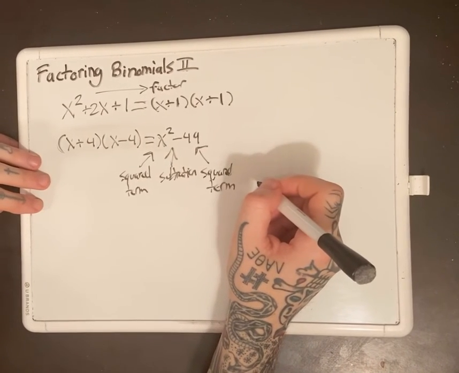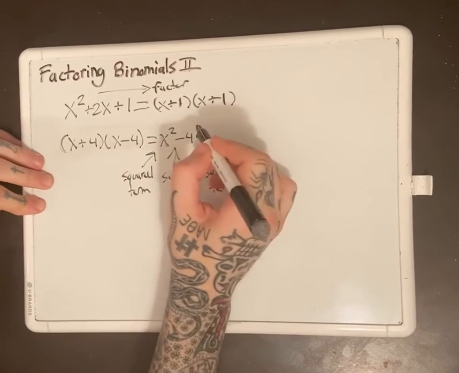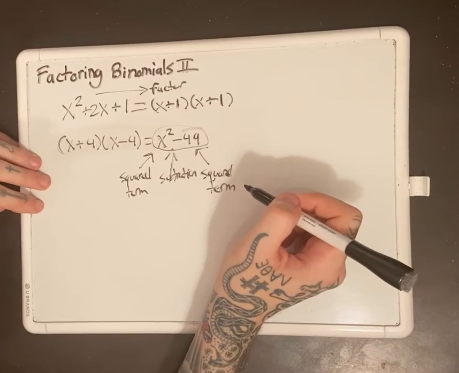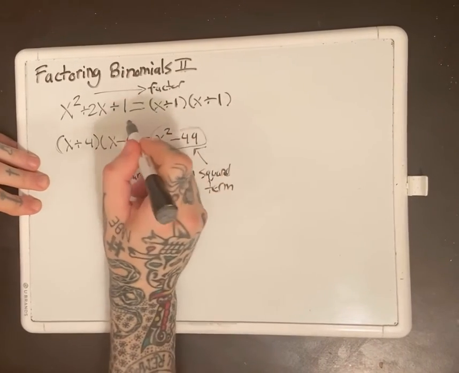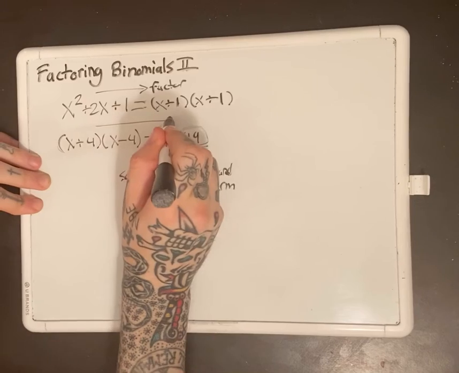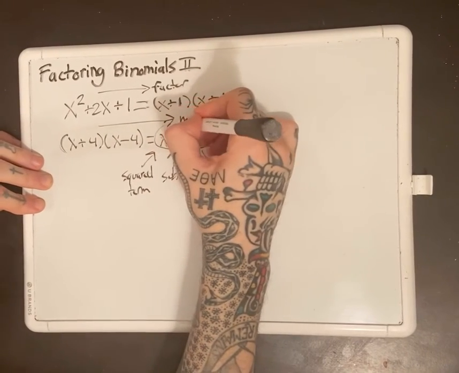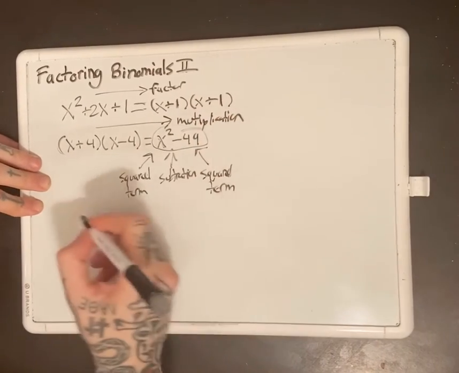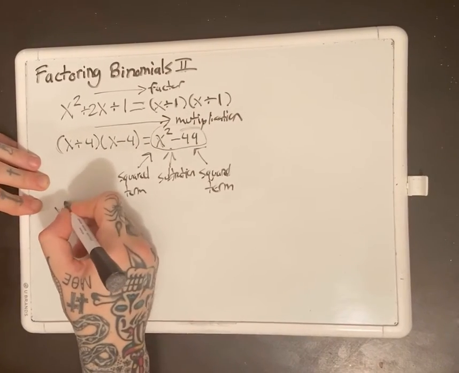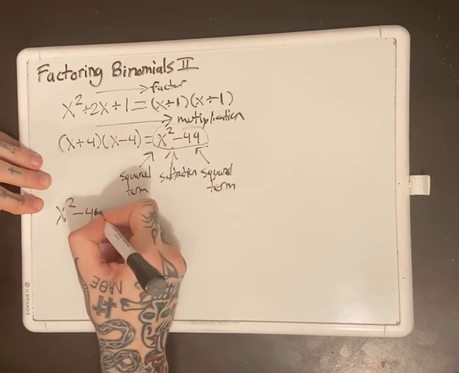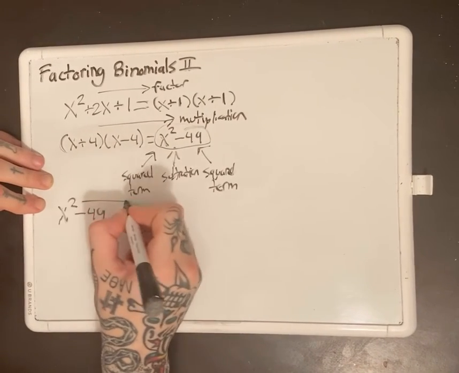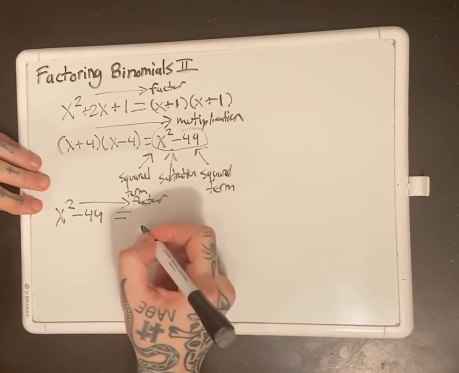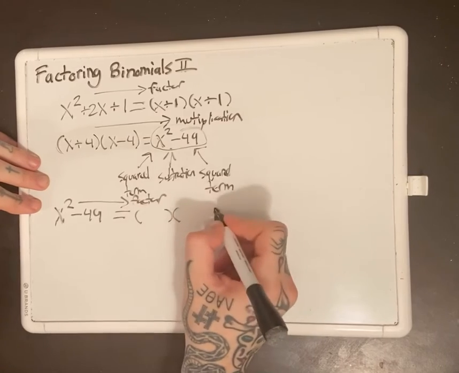So if I were to be given another instance of this, I would be able to, because this direction is multiplication, but now I want to factor it. So if I was given this pattern and I was asked to factor it, well, one, I know I want two binomials.